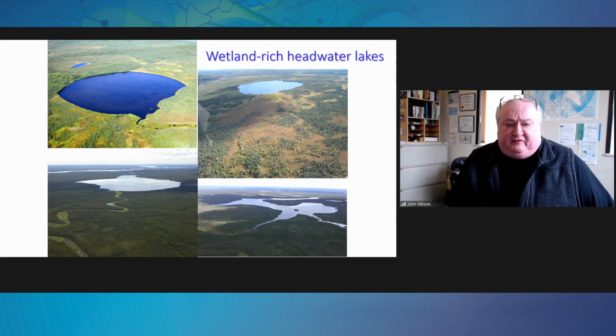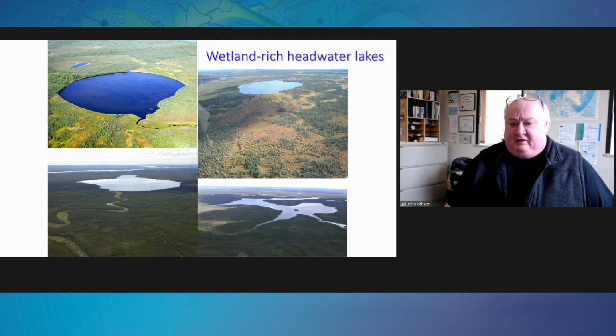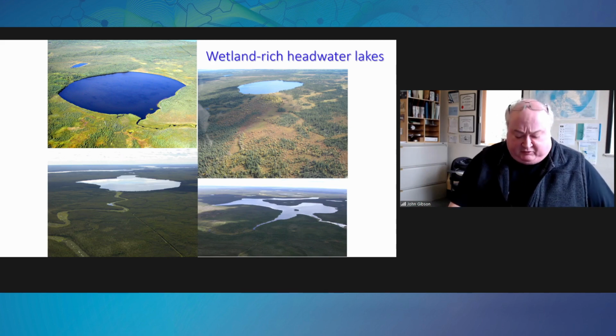So more than 50% of the watersheds are either bogs or fens or open water. Some of the lakes are complex, others are fairly simple, but we've been monitoring these for 2 decades and looking at changes over time.